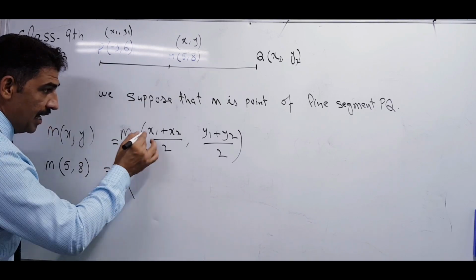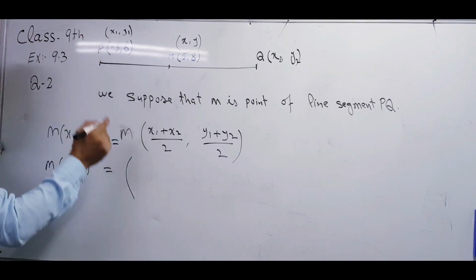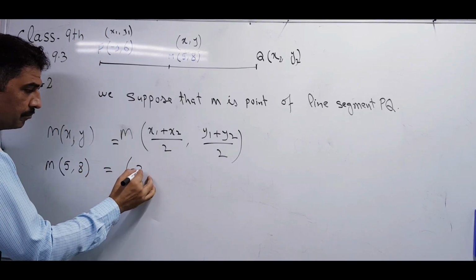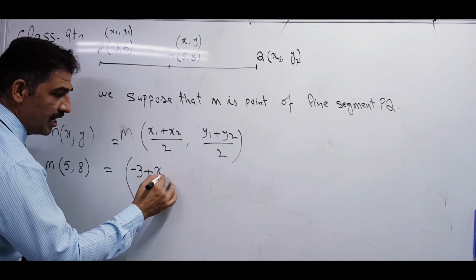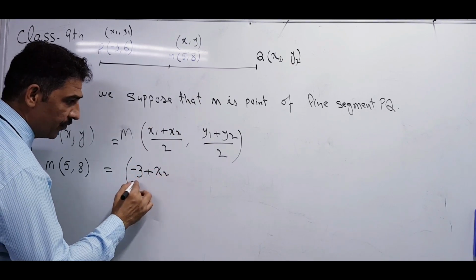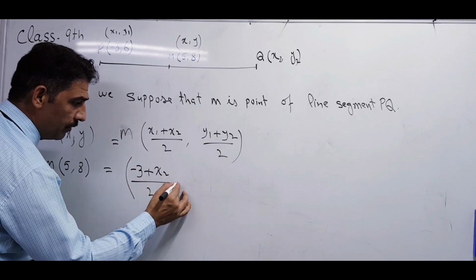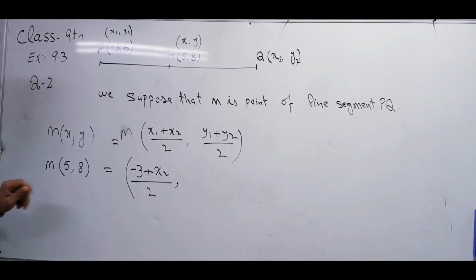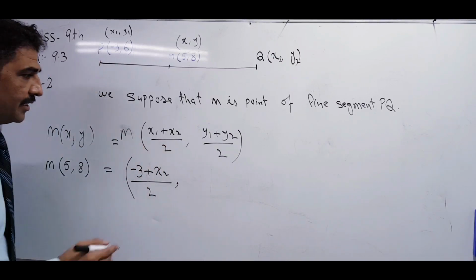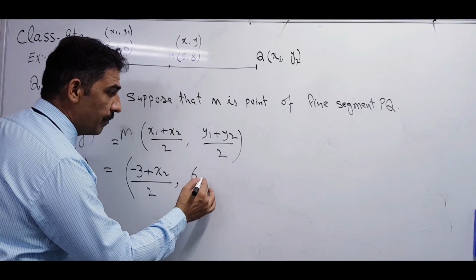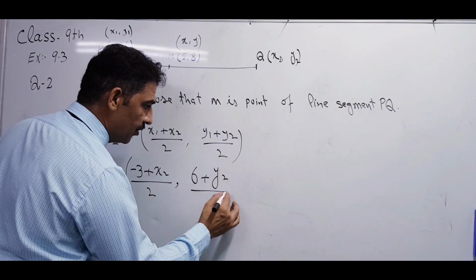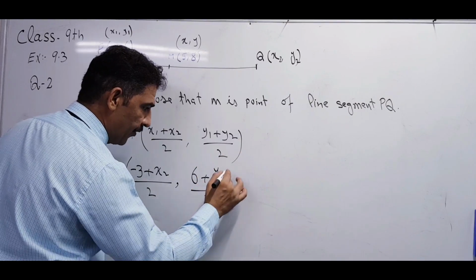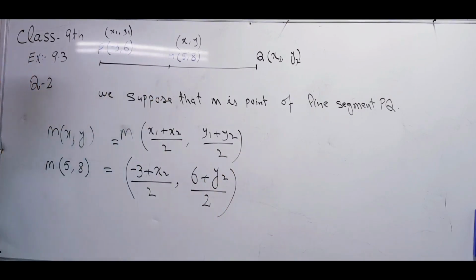Here x1, the value of x1 is equal to minus 3 plus x2, the value of x2 remains x2, over 2, then comma, y1 is 6 plus y2 over 2. Till here any question in your mind, then please ask.